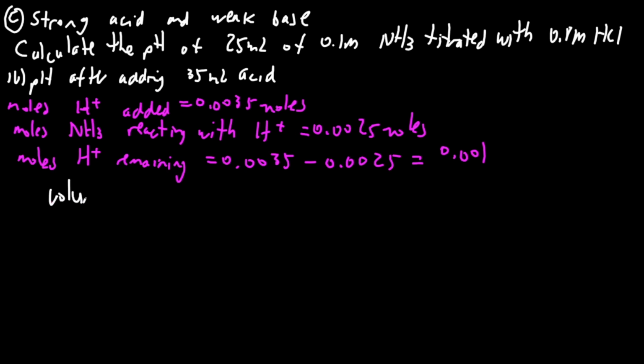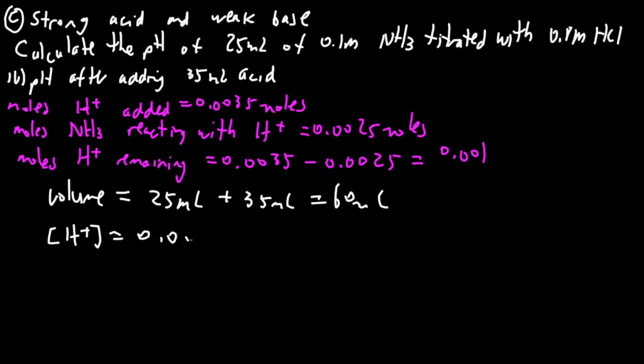So from here, we can calculate the pH, but first we need to recognize the volume. The volume would be the 25 milliliters of base initially. Now you're adding 35 milliliters of acid, so now you have 60 milliliters. So the concentration of H plus is going to be 0.001 moles over 60 milliliters, so 0.06 liters.